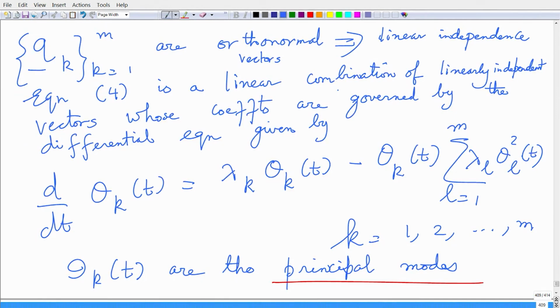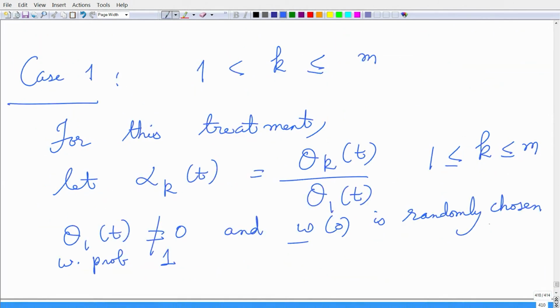So this works for k equals 1, 2, and so on till m, and we call theta k the principal modes of this nonlinear dynamical system. So now our goal would be to solve for these principal modes, for which we break this problem into two cases.